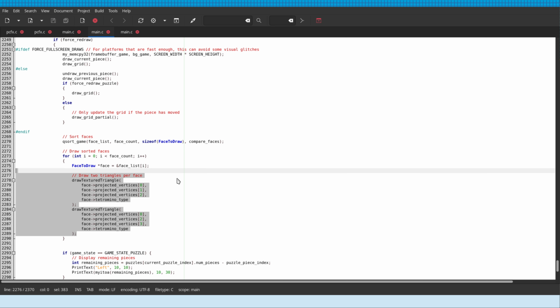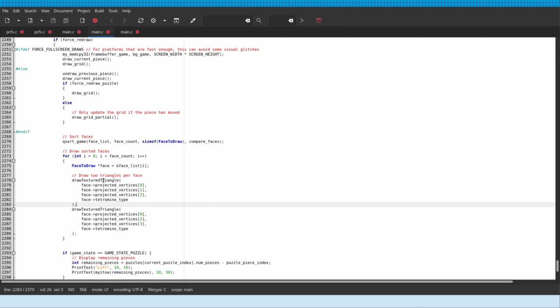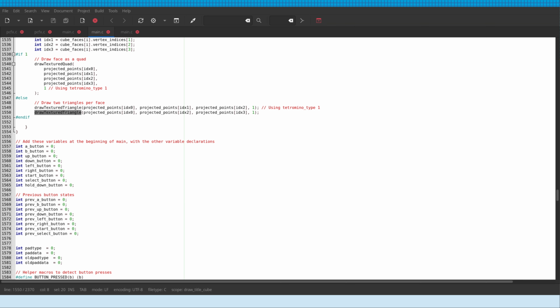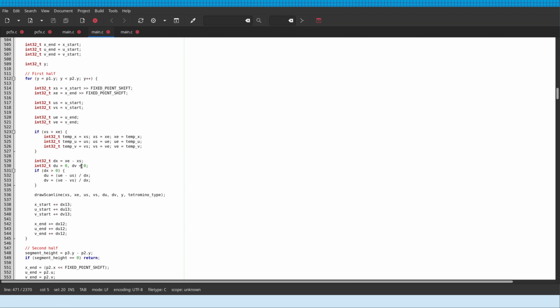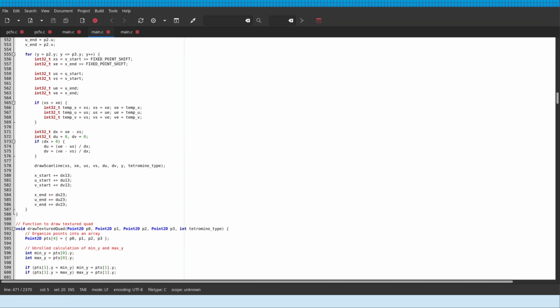My last attempt though, it was actually slower than a triangle. I got it wrong somehow, but it should be at least as fast as just drawing triangles. If you look at the raw textured triangle function, it is right now a bit buggy.